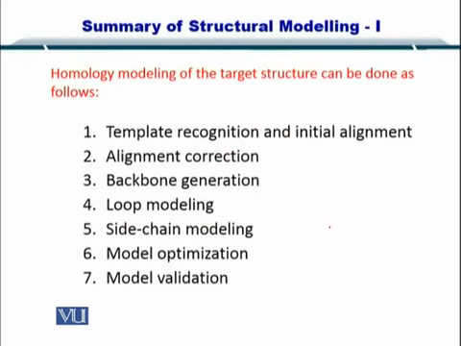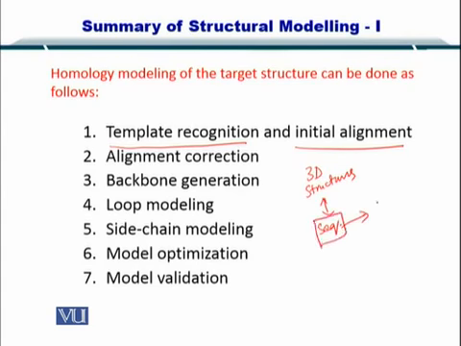So you may remember that there were 7 very important steps in homology modeling. The first one was the template recognition and initial alignment. So this involved the identification of 3D structures by looking at their sequences. And then you aligned your sequence with the sequence of the protein whose structure is unknown.